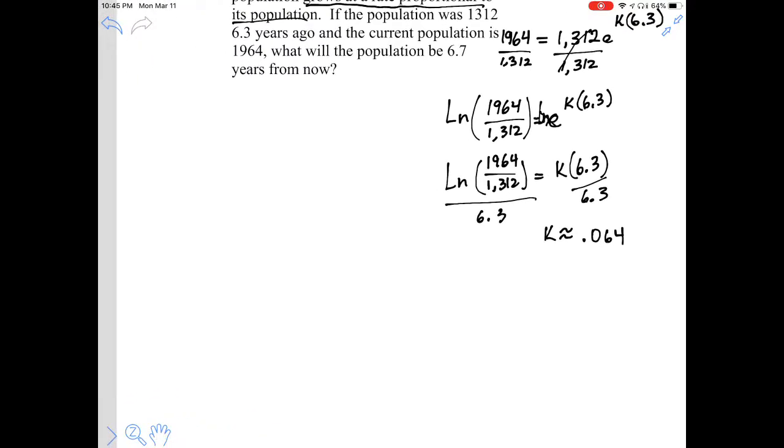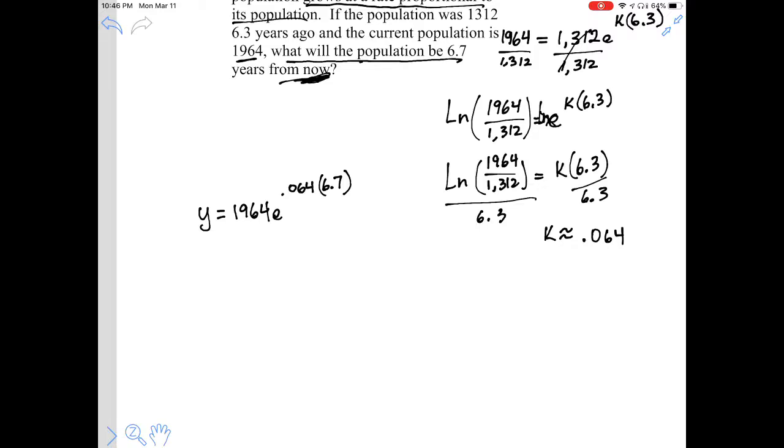So now that we have that growth rate, we can answer this question: what will the population be 6.7 years from now? Now we have a population of 1,964, so I'm going to use that as our initial value. So the future population, y, is going to be the current population, 1,964, times e to the 0.064, and then in 6.7 years.